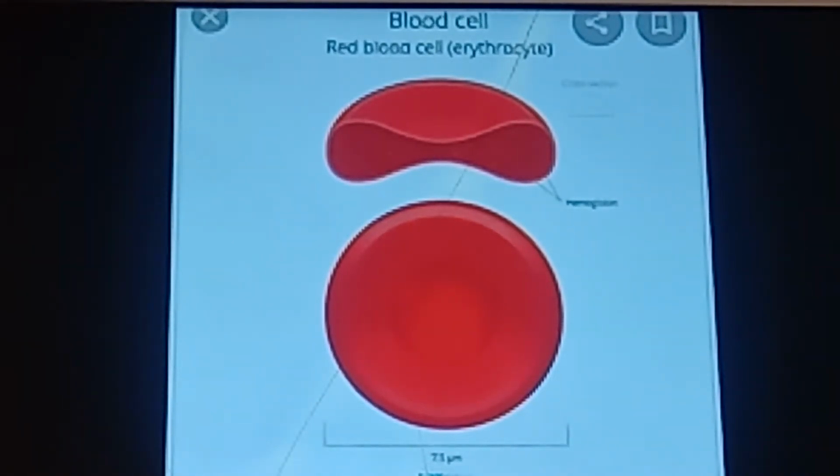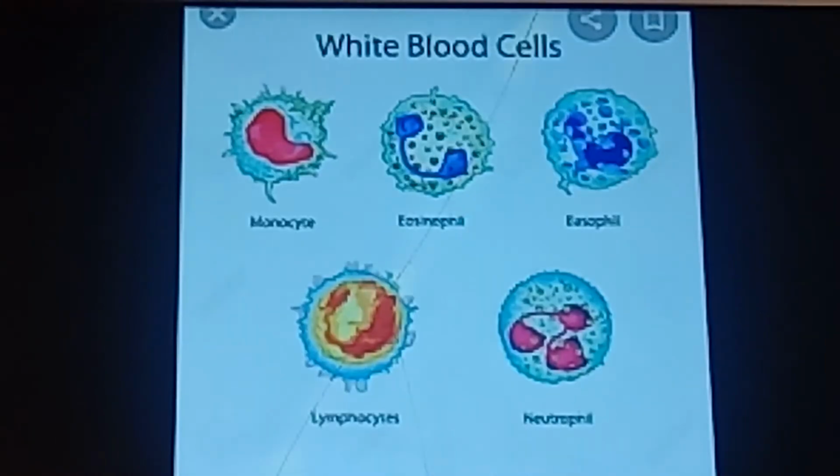It's clear. Next, mature mammalian RBCs do not have a nucleus or cell organelles. Very, very important. It's clear.